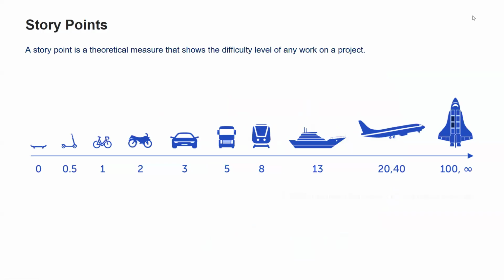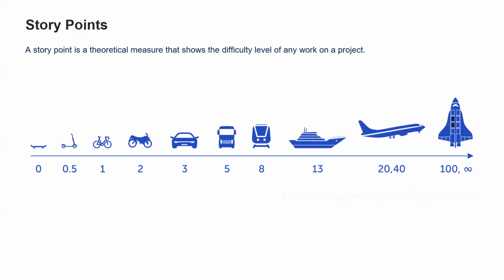So then we come to the story points. So now in Agile also we have to do estimations, right? How we do estimations in Agile is using story points. Normally the value of a story point determines the difficulty of each specific task. Okay, so this is just a diagram that I showed you. So story point 0 means it's easy to ride.